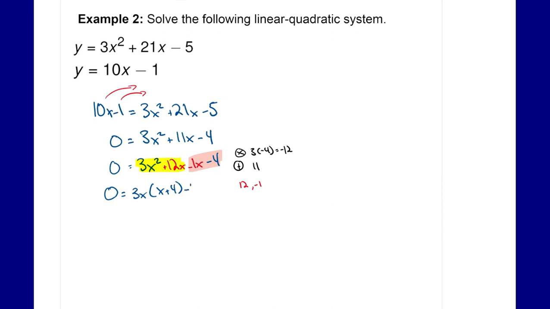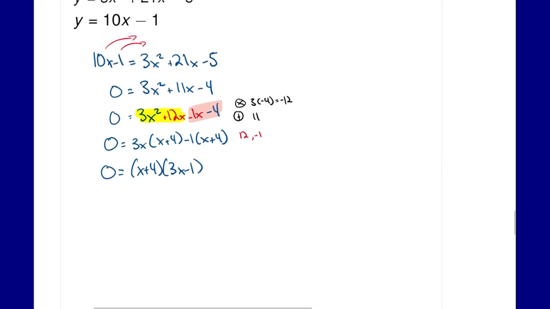And if I factor out a -1, I also get x plus 4. I can now factor out that bracket. X plus 4 times 3x minus 1. So those are my 2 factors.